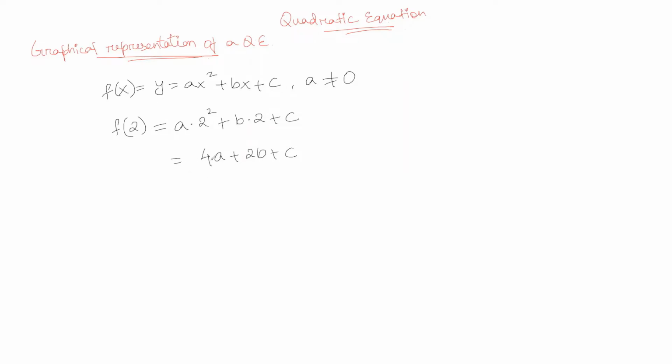Similarly, the value at x equal to -1 can be written as f of -1, which would be a into (-1) square plus b into -1 plus c, which is a minus b plus c. So we can find the value of this quadratic expression for any value of x, which could be denoted by y or f of x.